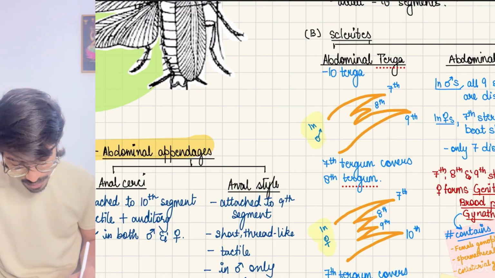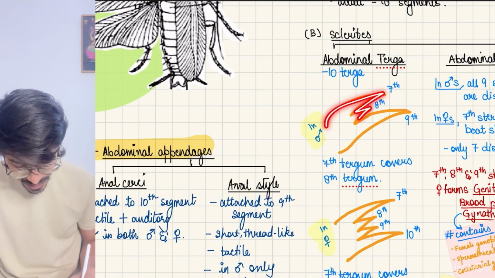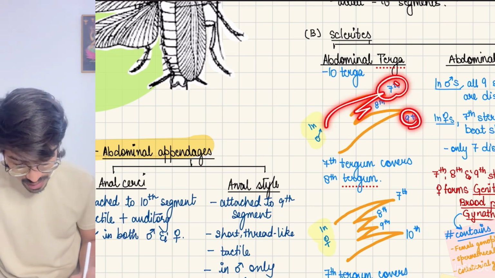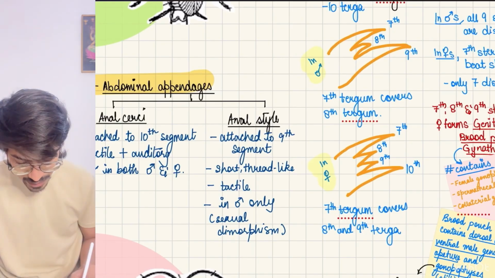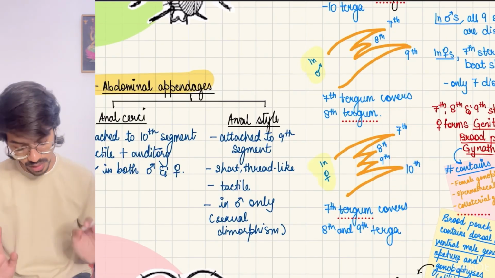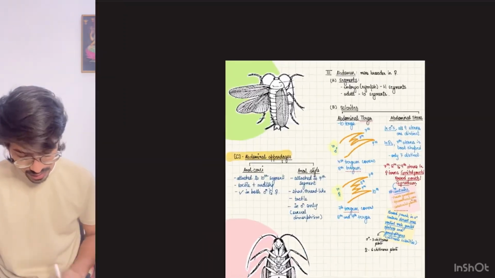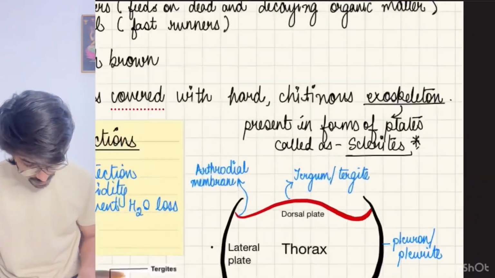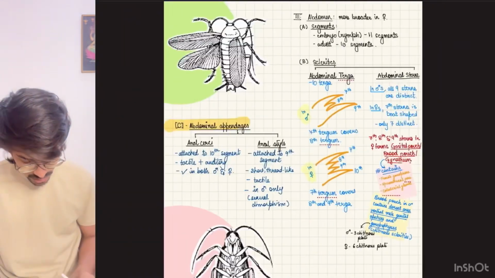Then in the male, the 7th, 8th and 9th have an appearance like this, meaning the 7th and 9th cover the 8th one, whereas in the female the 9th and 10th are covered by the 7th and 10th one. This is one thing. On the abdominal sterna side, if you forget, terga and sterna are tergum and sternum, the dorsal and ventral sides.